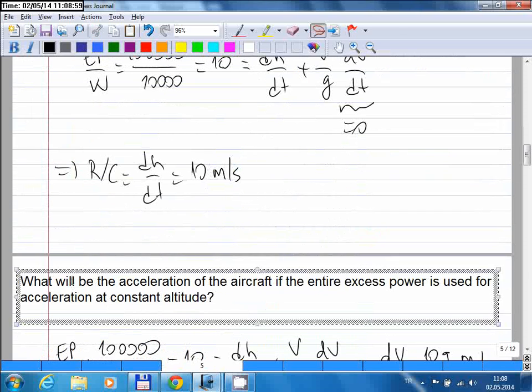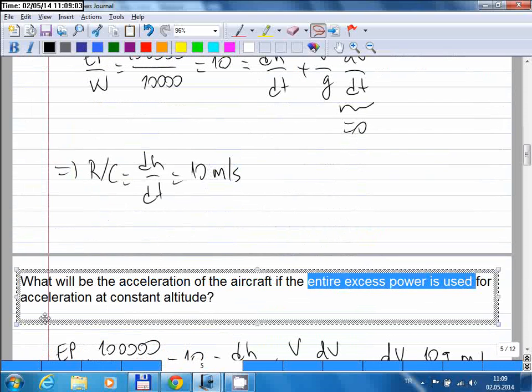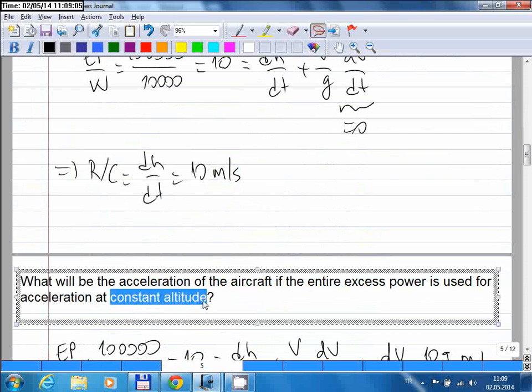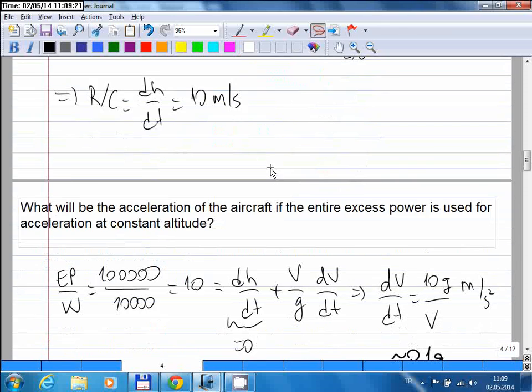In the second part, we are asked to find the acceleration if the entire excess power is used for acceleration at constant altitude. So the altitude is given to be constant. This time, this term is equal to 0, and the entire specific excess power is used for acceleration, so we just get rid of this term.